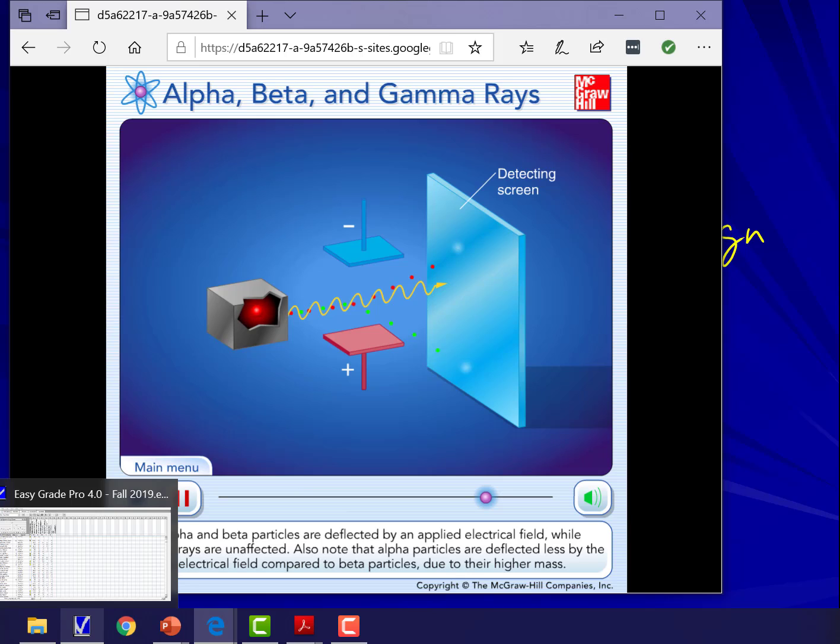Make sense? They left one off here. They left off positron. Where would a positron show up? Would a positron turn up or down? Up. How much?